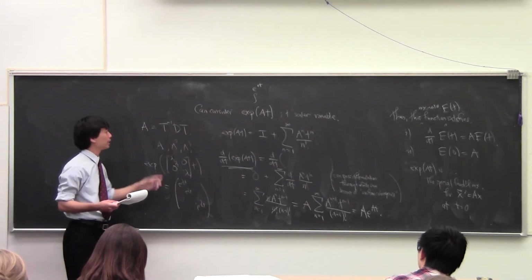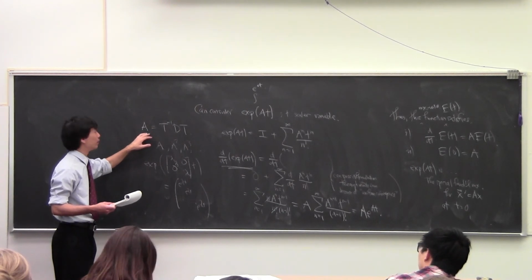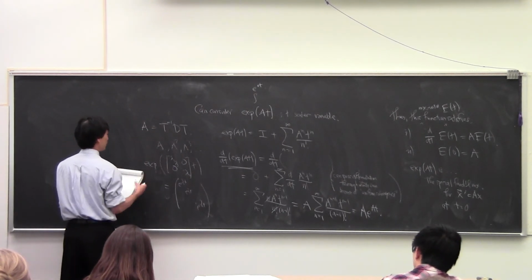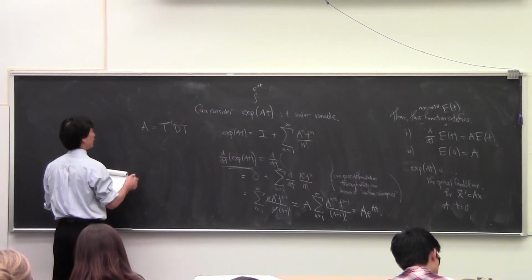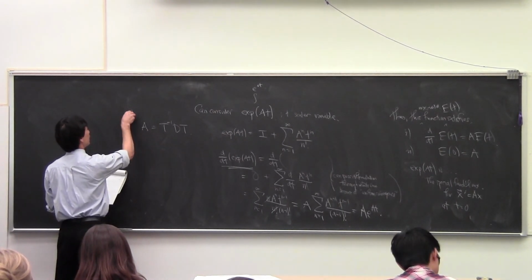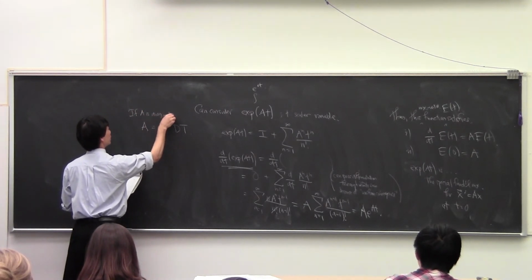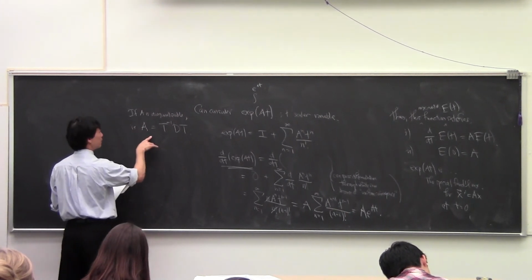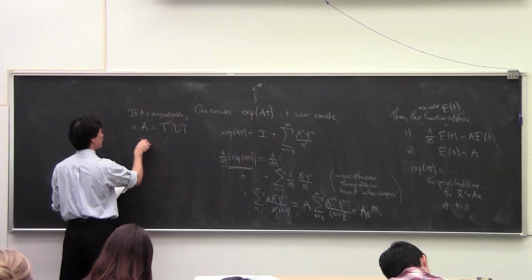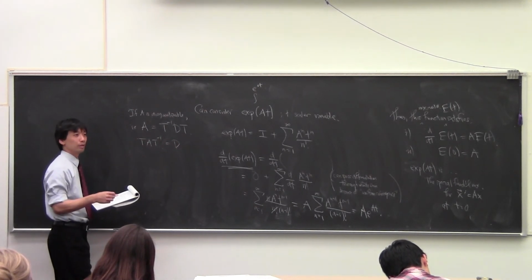And in that case, taking powers of it maybe is not so bad, because if A is diagonalizable, then T inverse A T is a diagonal matrix.